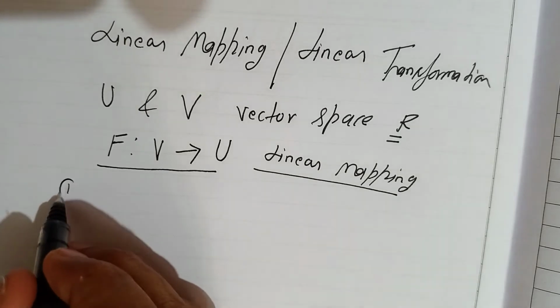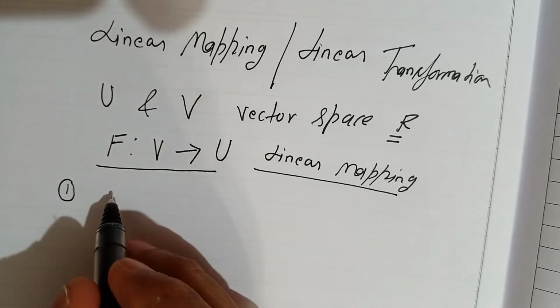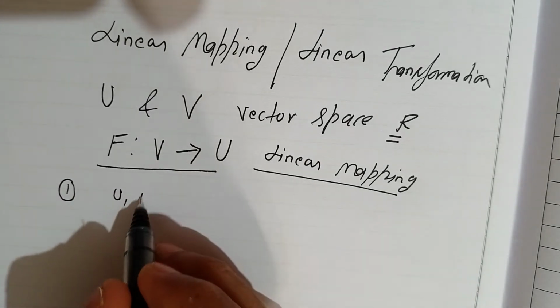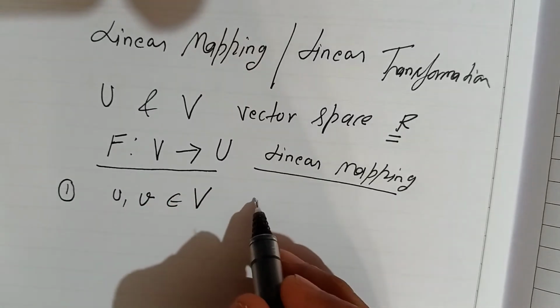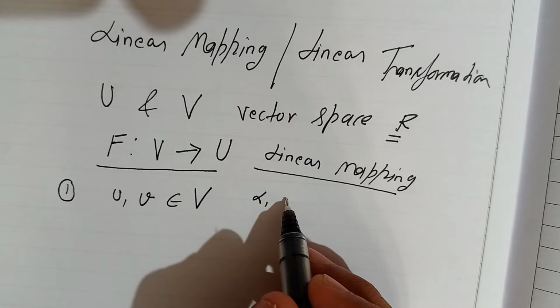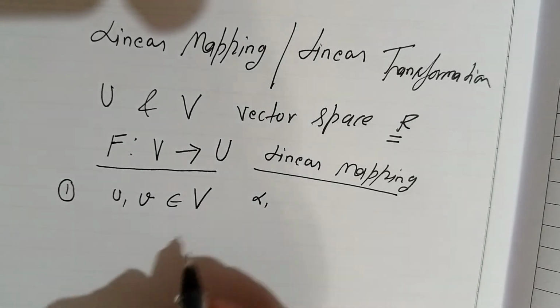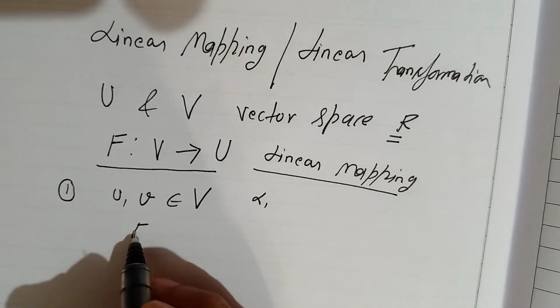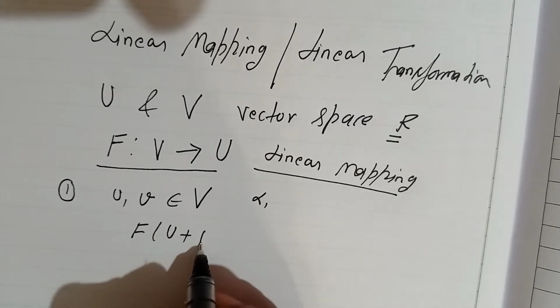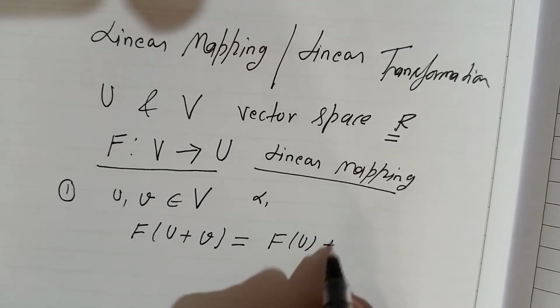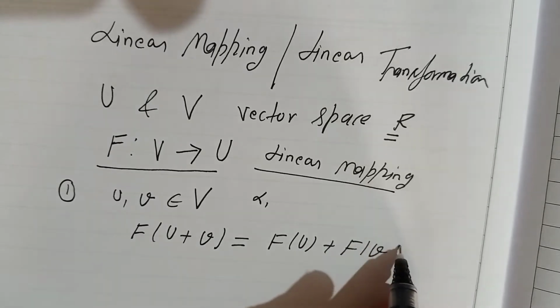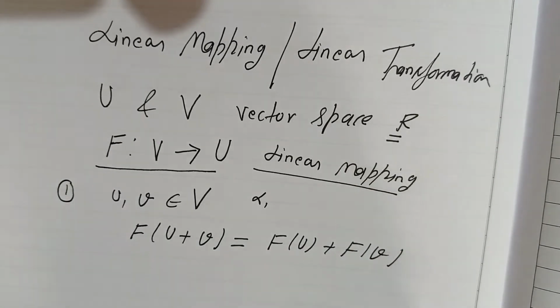What is the property? If you take any elements u, v belonging to V, then f of u plus v should be f of u plus f of v. This is the first property.